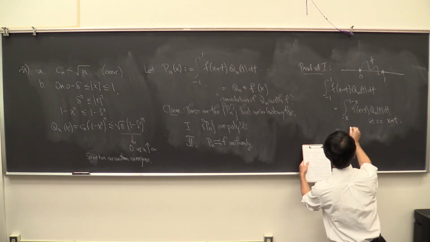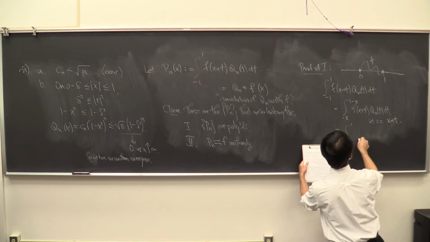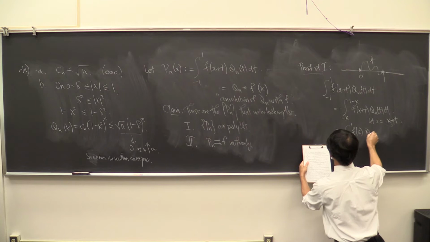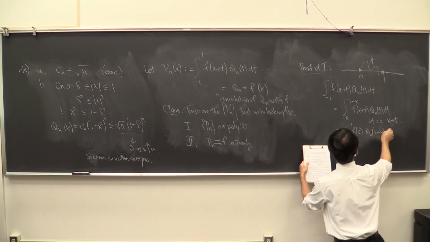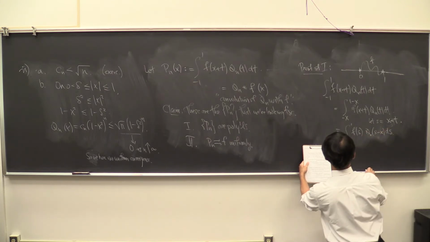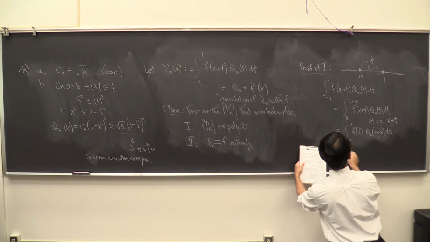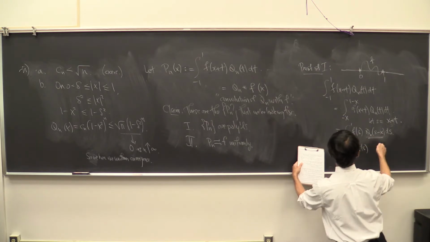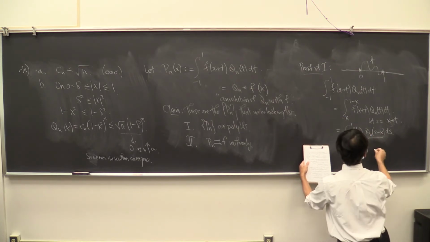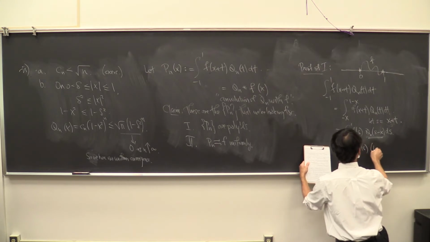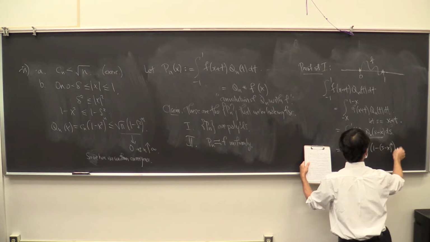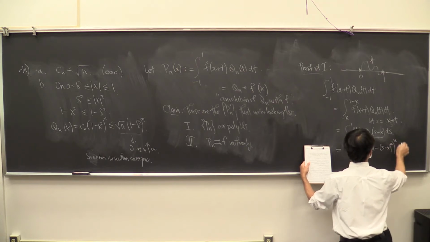And so this becomes the integral from 0 to 1 of f of s, q sub n of s minus x, ds, which, if we write it out, is f of s times, remember what q sub n was, 1 minus the argument squared to the nth power.